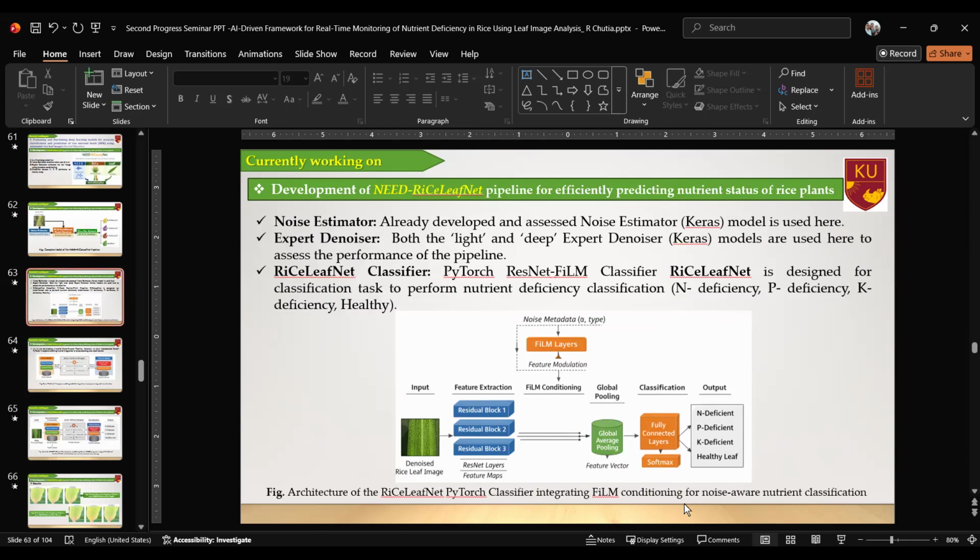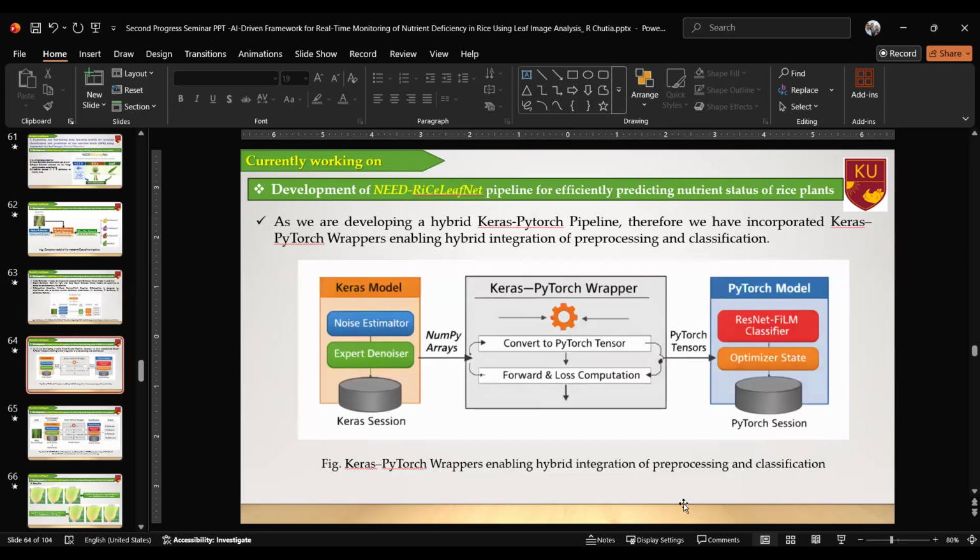So actually, the whole pipeline is a hybrid pipeline where we will use two components: the noise estimator and the expert denoiser as a Keras model, and the classifier will be a ResNet FiLM-based PyTorch model.